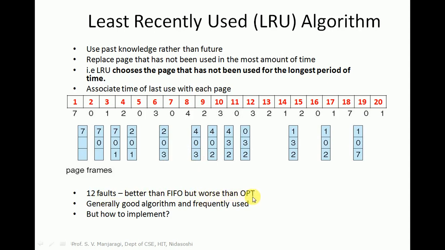In the optimal page replacement algorithm, the number of page faults we got was 9, but as compared to that we got more here, it is 12. But the optimal page replacement algorithm is very difficult to implement, while LRU can be easily implemented. So it is better to use LRU as compared to FIFO and optimal page replacement, OPT.